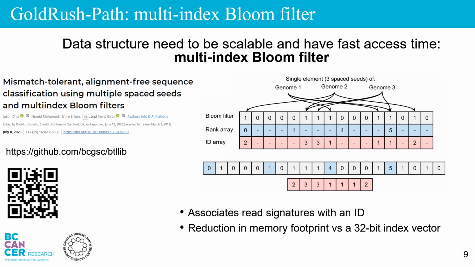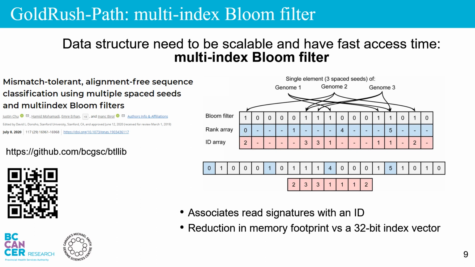To generate the golden path, GoldRush-Path requires a data structure that can tell the presence of a read signature and where the read signature is coming from. To accomplish this, GoldRush-Path uses the multi-index Bloom filter. The multi-index Bloom filter consists of three data structures: a Bloom filter, a rank array, and an ID array. The rank array associates the presence of a read signature in the Bloom filter with an ID in the ID array.